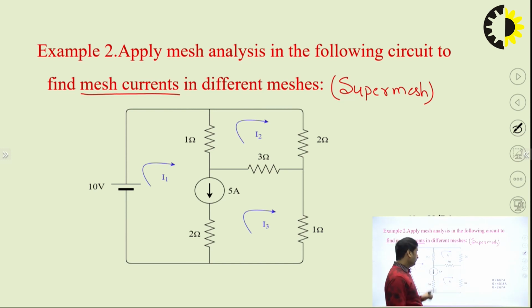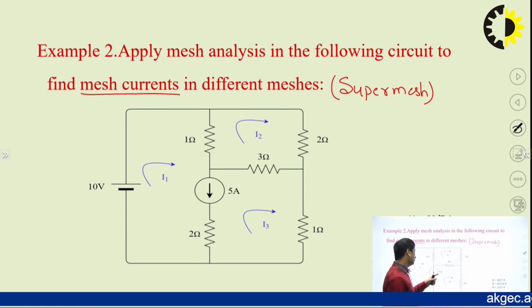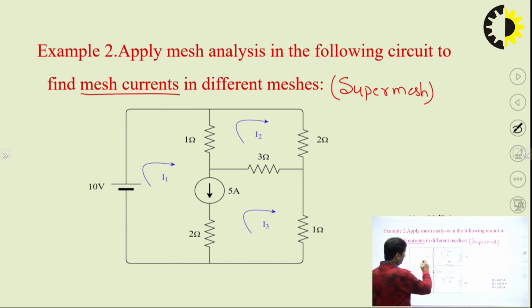Okay. But this particular source will give us some value of current in that branch also. Okay, so let us take this example: find the value of current I1, I2 and I3. So when we apply this in this case, we know that the current I1 is flowing in this loop like this, and I3 is flowing like this.